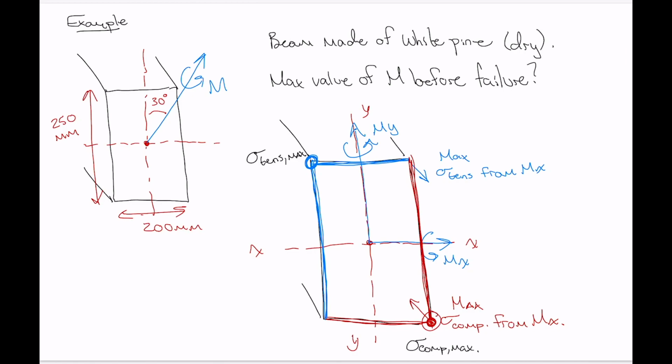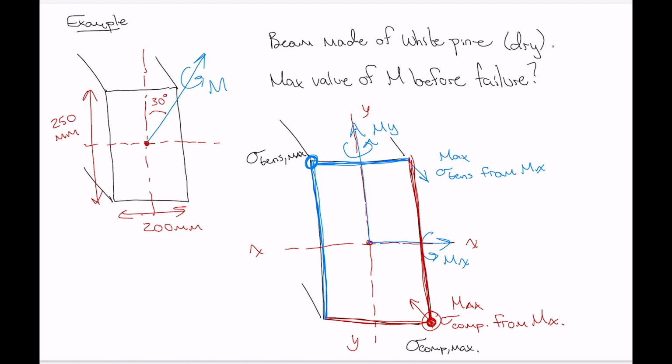Okay, so the route in terms of how we go about calculating what the maximum tensile stress is simply just taking the tensile stress from Mx at this location and the tensile stress from My at that location and simply adding them together. And the same for compressive stress. We just calculate what the compressive stress from Mx is at this location and the compressive stress from My is, and we add them together.